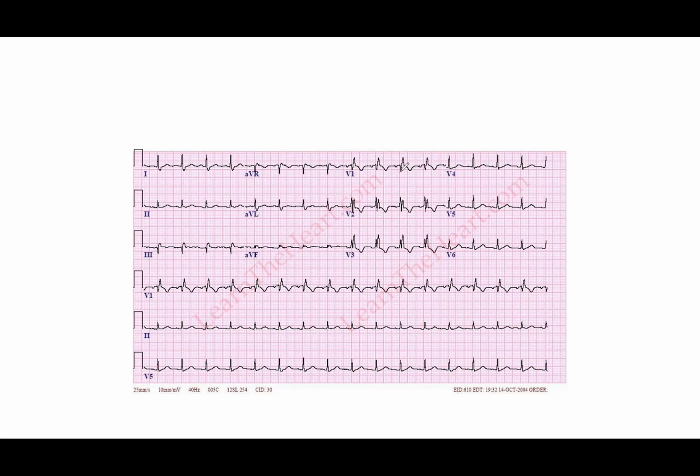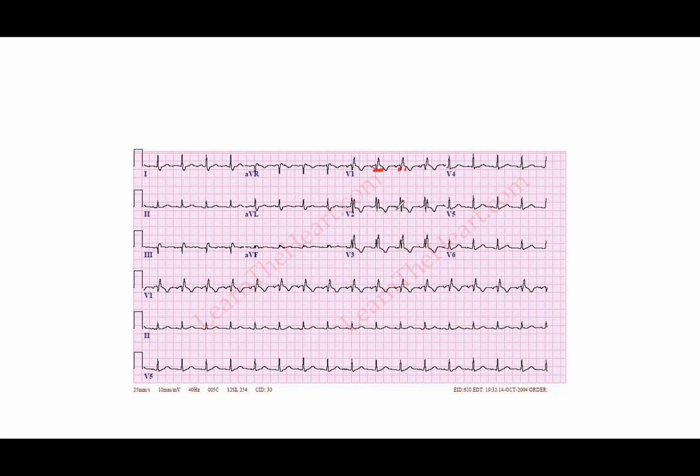QRS, if you look here, you got kind of a wide QRS. Okay. So we got this wide QRS from the very beginning of the Q to the very end of the S. Okay.